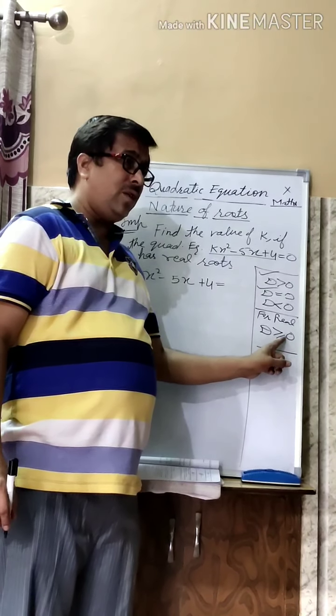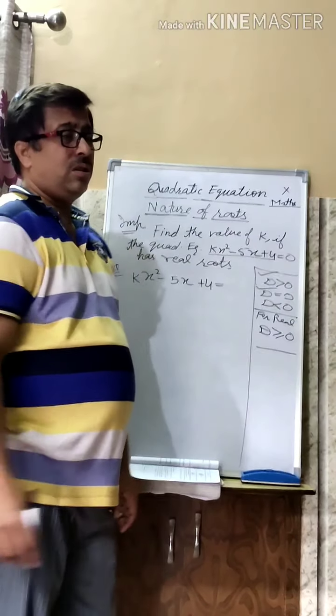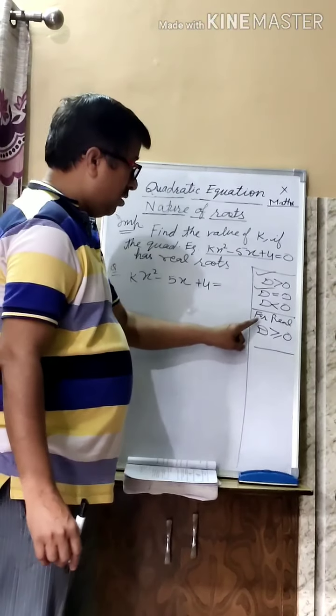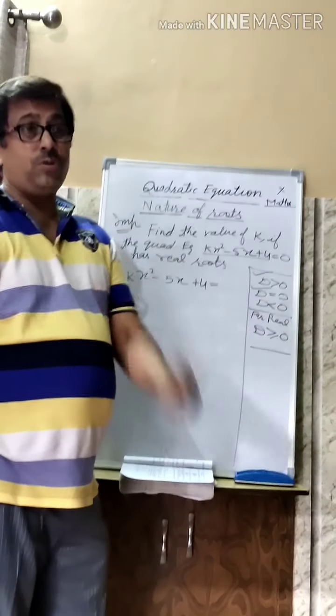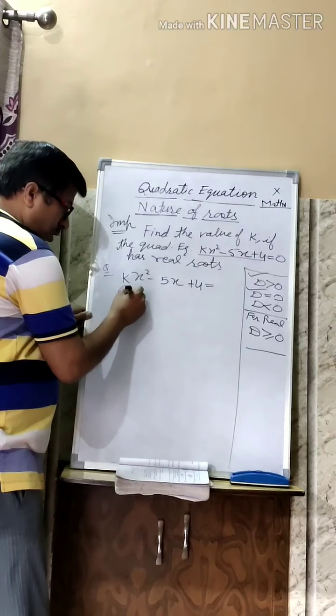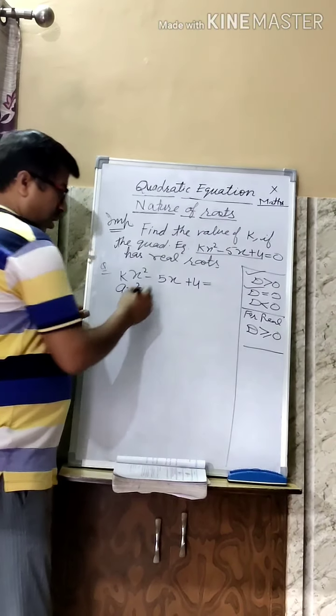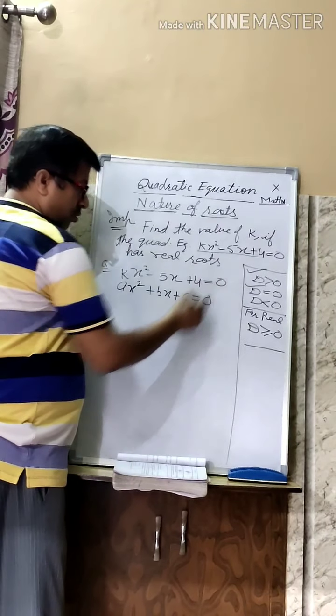What you will take in the exam, if they say find the value of k if the equation has real roots, then you will say for real roots D greater than or equal to 0 and write it in the board exam. So first you compare with the standard form ax square plus bx plus c equal to 0.